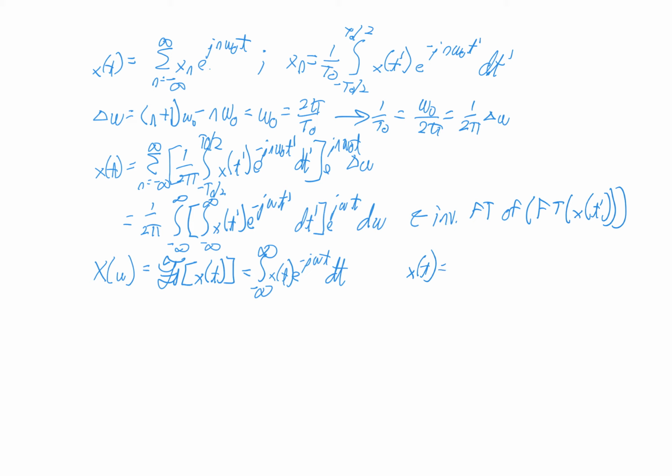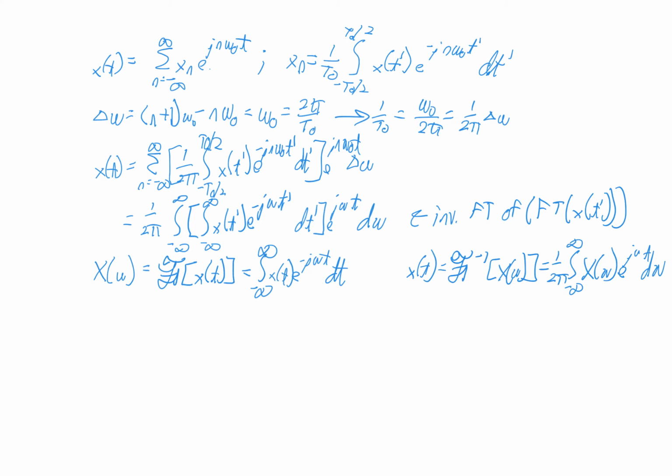And the symbol for that, this is the inverse Fourier transform, so script F inverse applied to the Fourier transform X of omega, and that is the outer part, so it's 1 over 2 pi, the integral from negative infinity to infinity, and the inner part we called X of omega, so I'll use that symbol here, and e to the plus j omega t d omega.